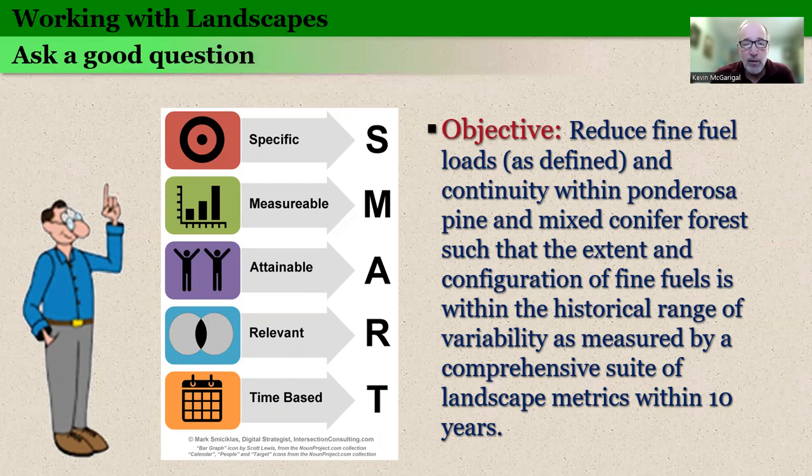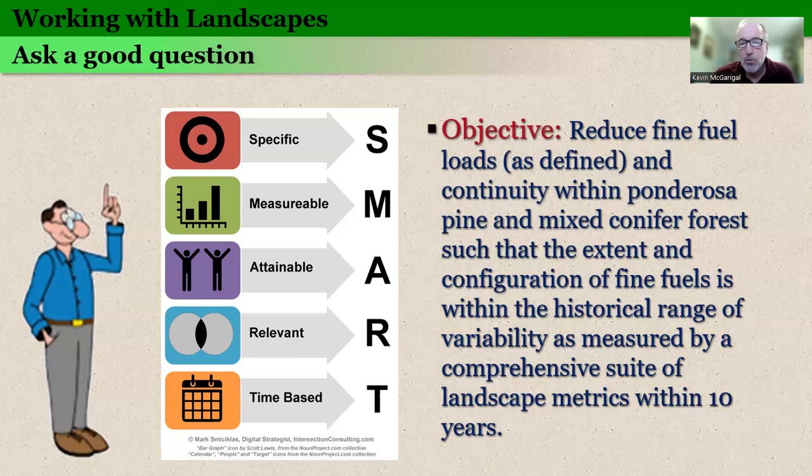Is it a SMART objective? Well, is it specific? Yes, we're talking about fine fuels, which of course we must define, but we know we're trying to map and analyze fine fuel loads. Is it measurable? Yes, as long as we have the field and or remotely sensed data to map those fuels, we can achieve this objective. Is it attainable?